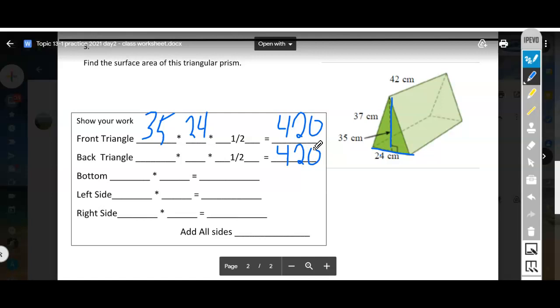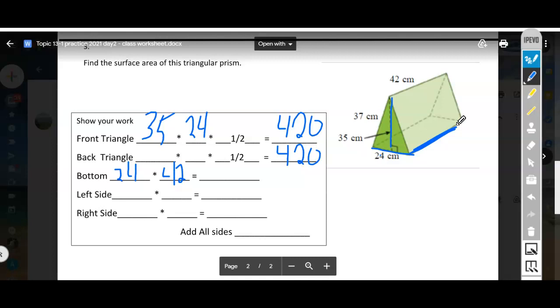What's the bottom? How about some new people? What's the bottom one? Mariana. Excellent. 24 by 42. Right, that bottom rectangle.